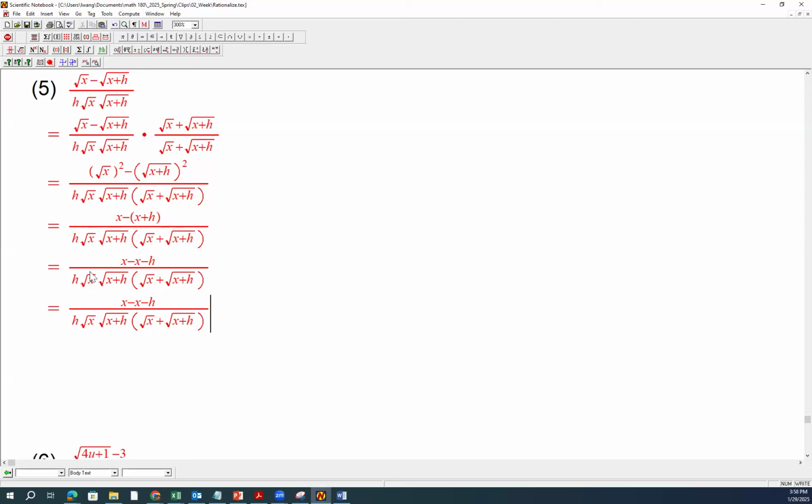You can already see that x minus x makes 0, so that can be removed. We have an h as a factor in the numerator, and an h in the denominator, and these two can be reduced. So in the next step, you will have -1 left on the top, h is gone, and this is your final answer.